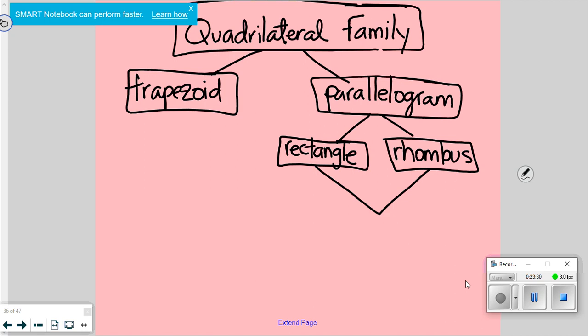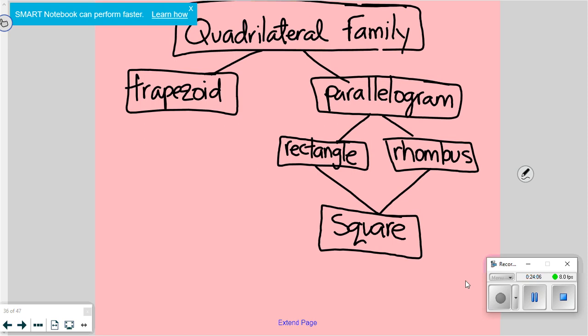A square. Nope. Can a trapezoid be a square?